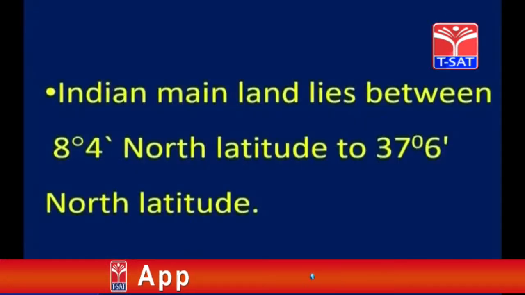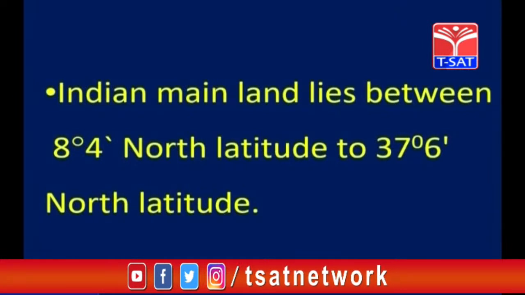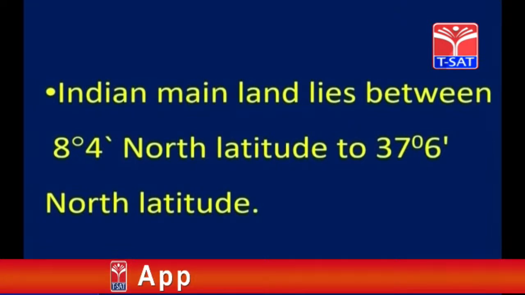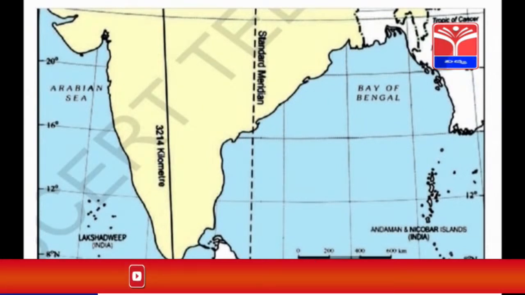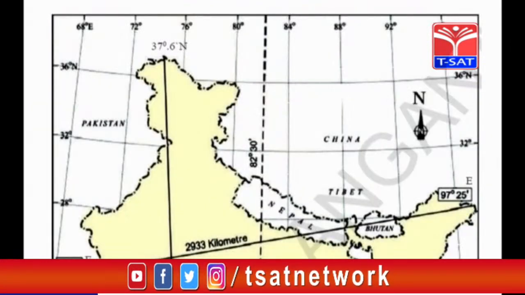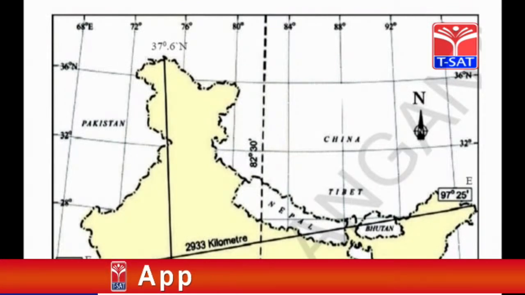When we see the main latitudes and longitudes of our country, the Indian mainland lies between 8 degrees 4 minutes of the northern latitude to 37 degrees 6 minutes of the northern latitude. Here, see this map. India is located at 8 degrees 4 minutes towards the southern part, the mainland, and to the top, it is at 37 degrees 6 minutes of the northern latitude up to Jammu and Kashmir.